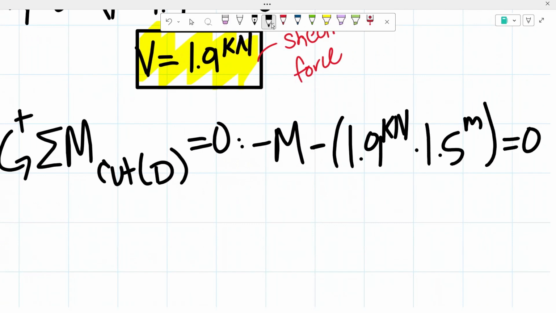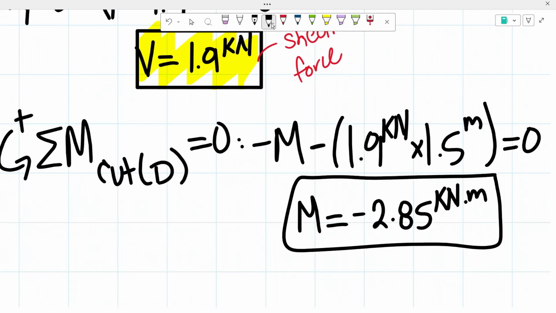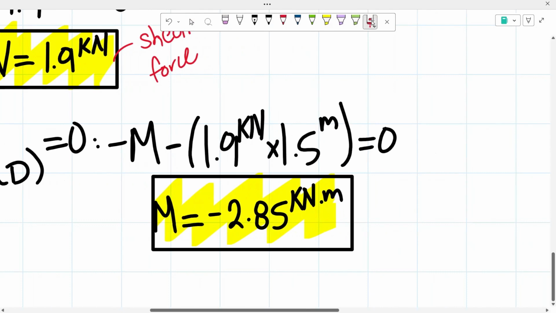We know all of that has to equal 0. So we would simply just be solving for our moment. We end up getting that our moment has a value of negative 2.85 kilonewton meters. And with that, we are done with our fundamental problem 7-33. This is our moment.